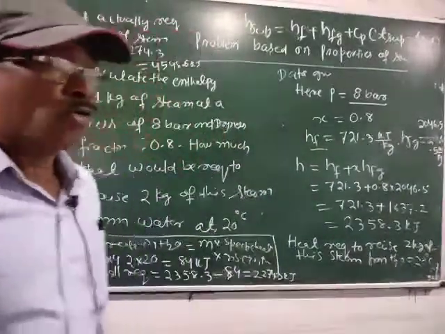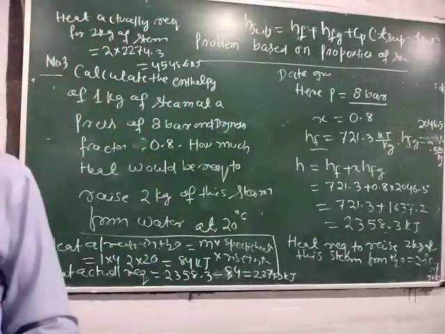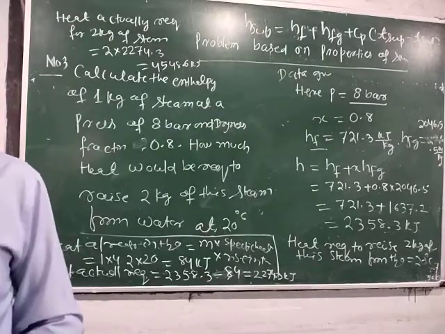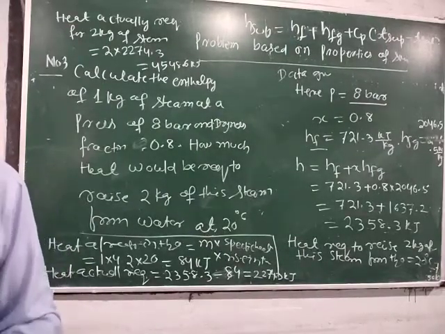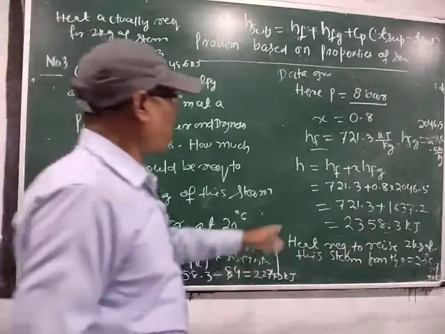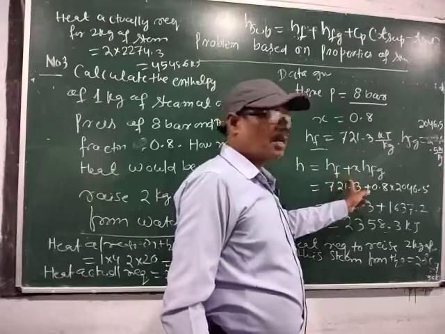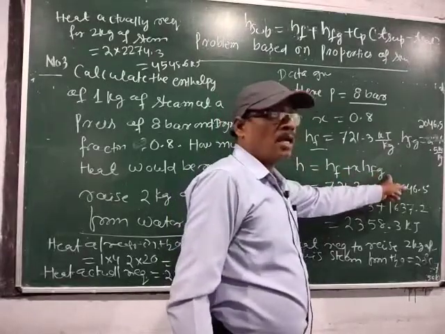Then we know that total heat for wet steam having dryness fraction 0.8 is given by H is equal to HF plus X into HFG.